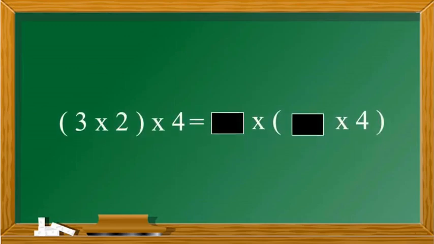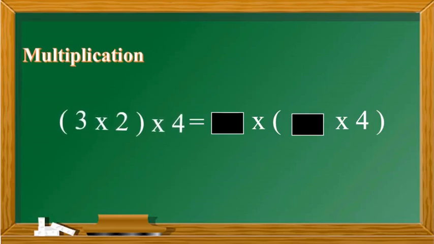Let's move to another example, but this time the operation that we are going to use is multiplication. The quantity of 3 times 2 times 4 equals missing number times the quantity of the missing number times 4.